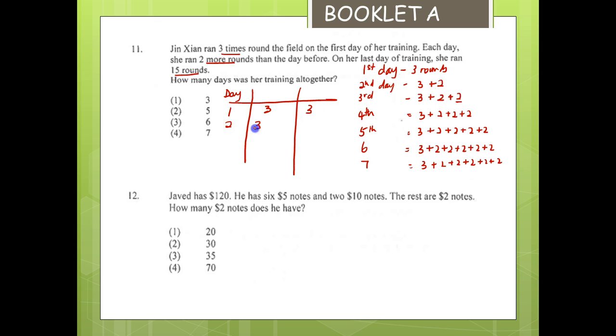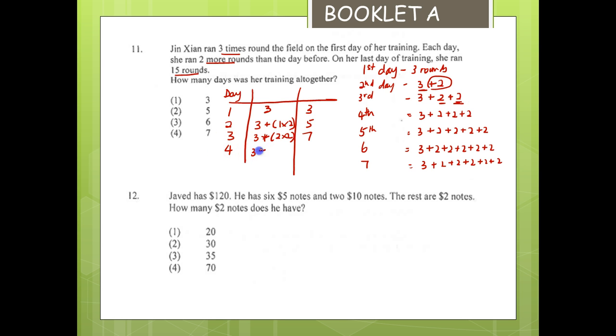Second day, I have 3, which is constant, plus 2 more, 1 times 2, right? 1 times 2 is 2. 3 plus 2 is 5. Third day, plus 2 times 2. There are 2 of it, so that it will be 7.